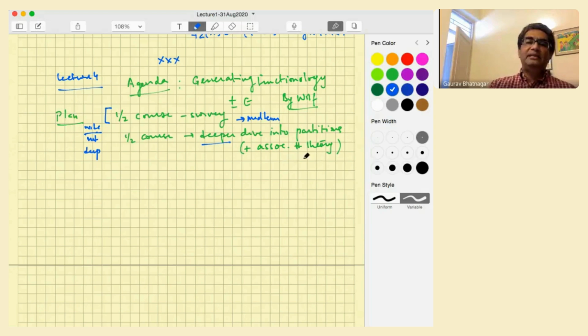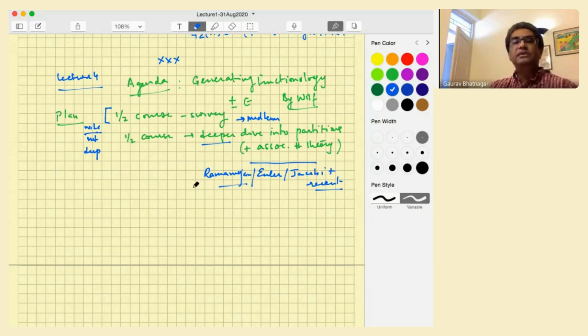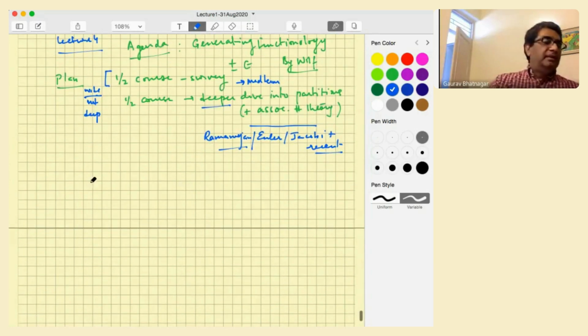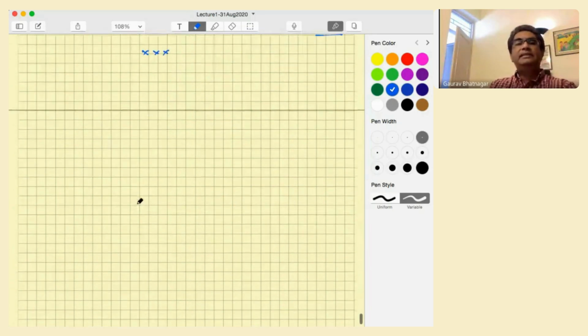And this is very classical, Euler, Jacobi type of stuff, plus recent interest. One particular highlight I want to do is actually prove, if we can, one of Ramanujan's results. Anyway, this is the plan, such as it is.